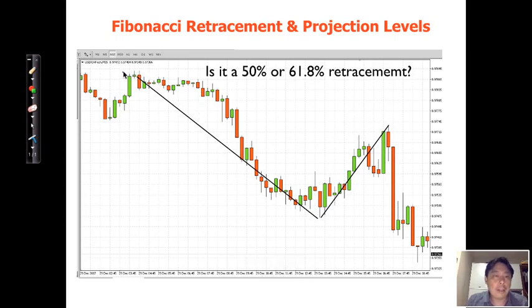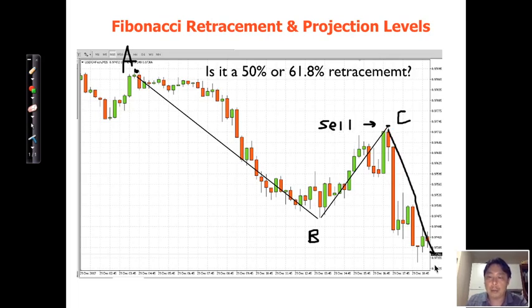All right, so that's the A. That's the start of the impulsive wave down, right? So A to B is breathing out, right? B to C is the corrective wave. So at this point, we want to sell right at that point, to short, to capture the profits as it goes down, and to take profits somewhere there before the next corrective wave.